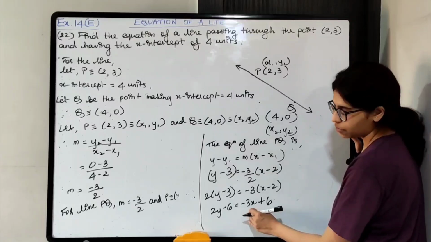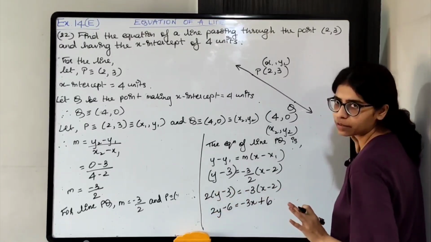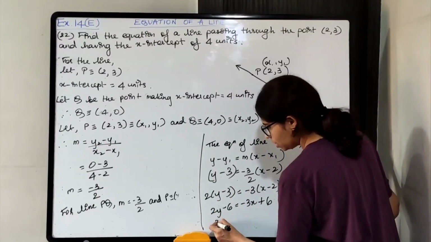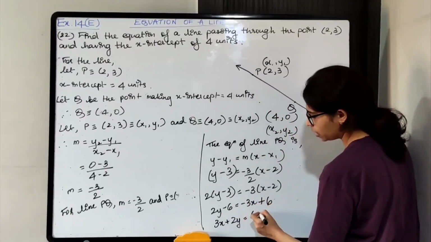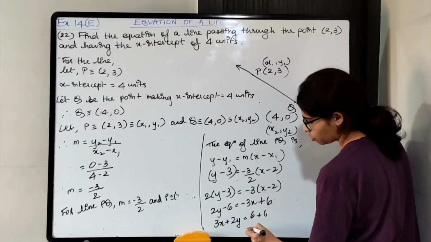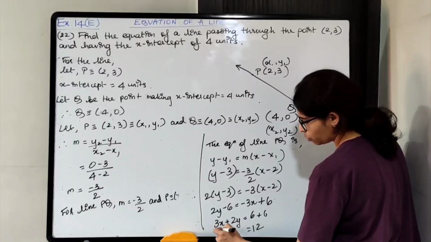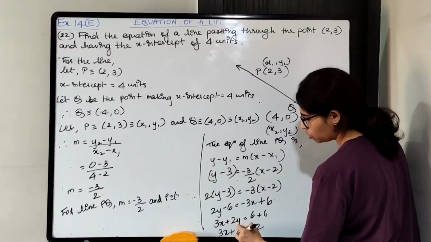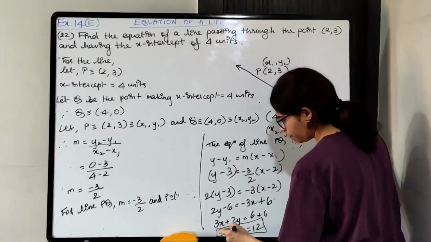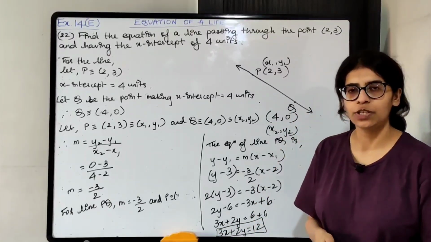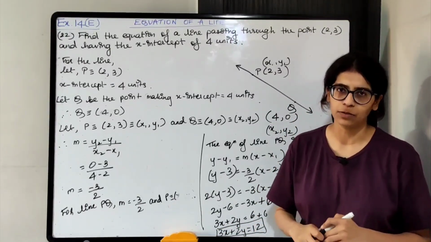The x term is negative, so what I am going to do is shift it over here. So 3x plus 2y on one side, and 6 shifted here becomes positive, so it will become 12. So 3x plus 2y equals 12. Box it, and write the final statement: the equation of the line is 3x plus 2y equals 12.